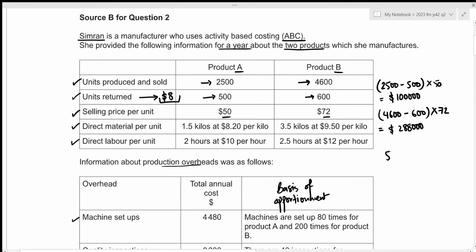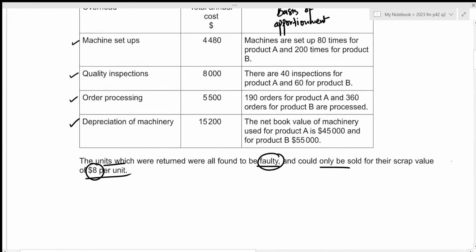So that is just going to be 500. That's the number of units returned, and we'll multiply it by 8, which gives our scrap value for product A to be 4,000. Now we repeat the same process for product B. We have the total units returned to be 600, and we just multiply it by its scrap value of 8 per unit, which gives the total scrap for product B to be 4,800. Let's write these down as well.